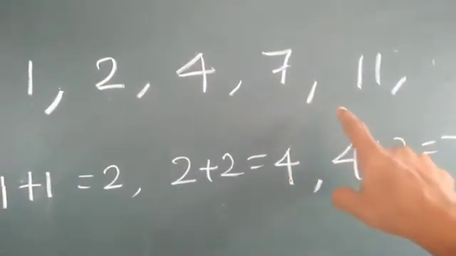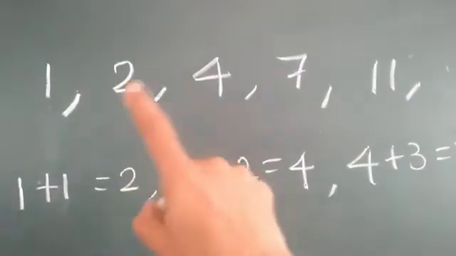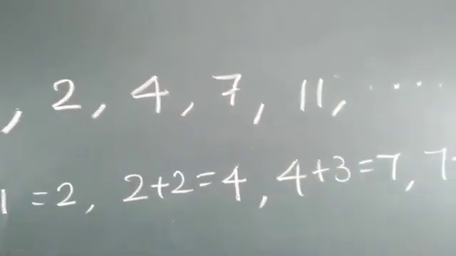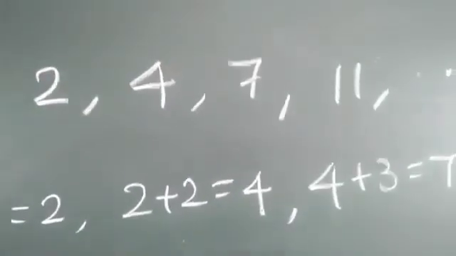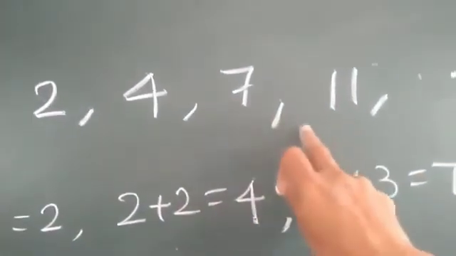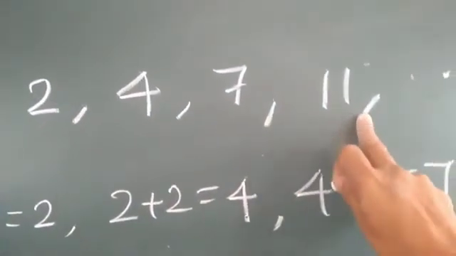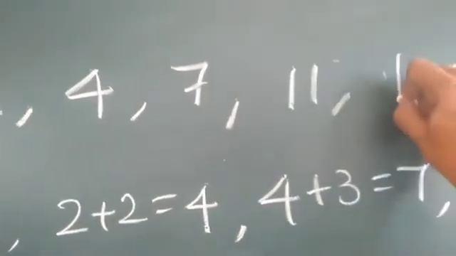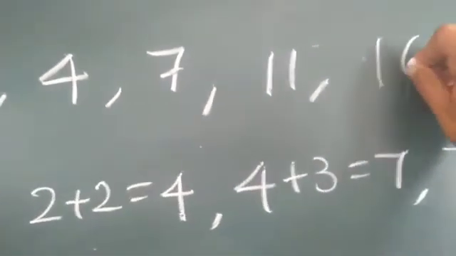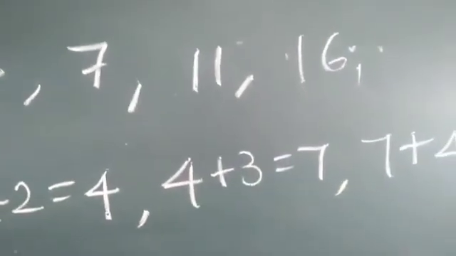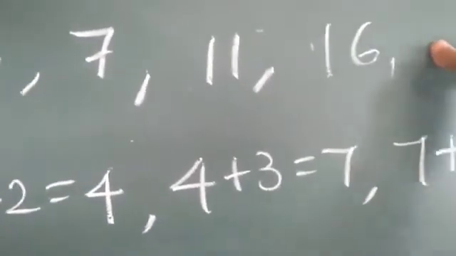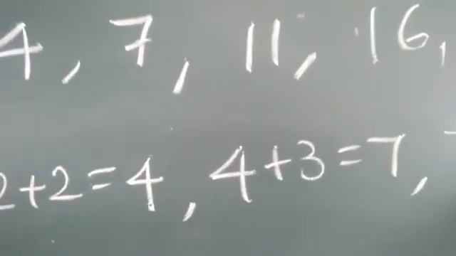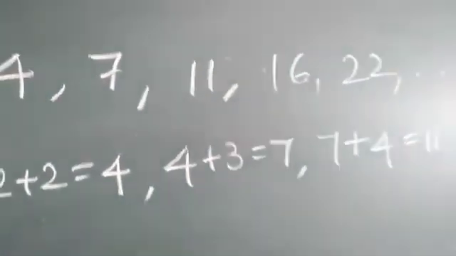Then adding 4, that means 1, 2, 3, 4. Next, what will be the next number in this pattern? 7 plus 4, 11. Next one we have to add 5. 11 plus 5, we will get 16. Next one 16 plus, which one do we have to add? 6, 22. Like this the pattern will move.